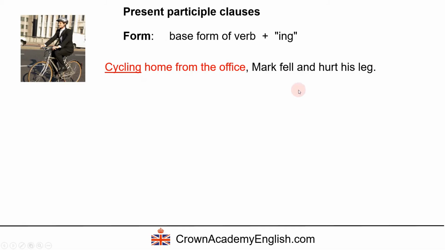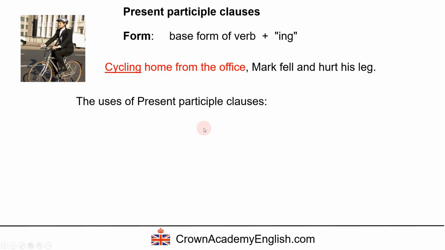Well, it's the past, isn't it? Because Mark fell is the past tense of fall, and hurt is also the past tense of the verb hurt. It's irregular. Okay, so this is the present participle. It's called a present participle, but in this example, it is referring, in fact, to an action that happened in the past. Okay, ing.